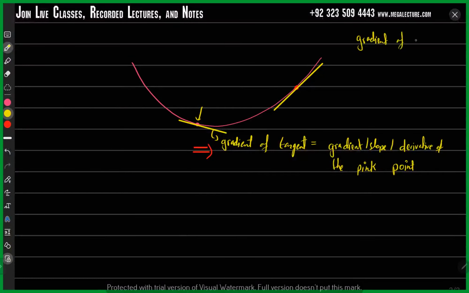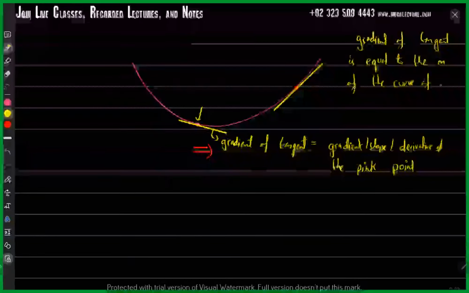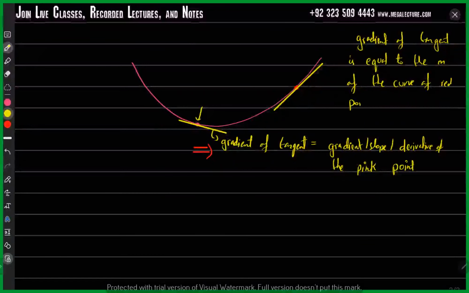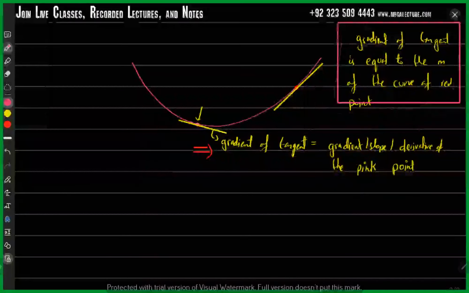The gradient of tangent is equal to the gradient of the curve at red point. Okay, so I have just added these two descriptions as well, just so we are able to understand the concept.